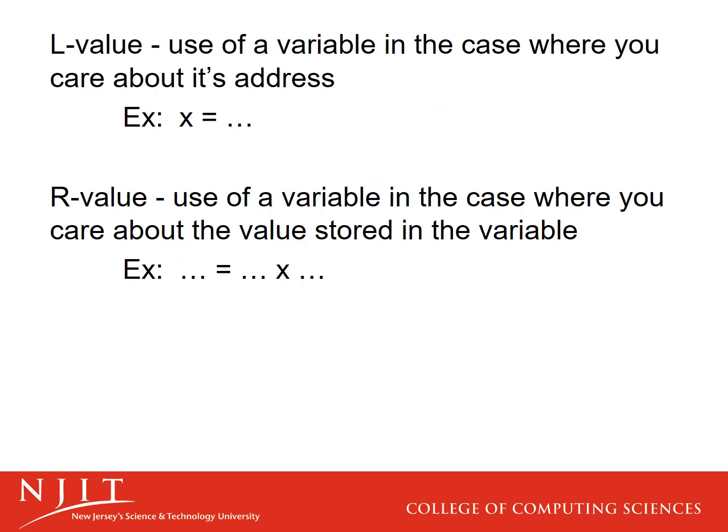A couple other pieces of terminology for you to be aware of. I've mentioned these in previous lectures, but it's good to reiterate them. When we are trying to assign to a variable, when a variable appears on the left-hand side of the equal sign, what we're trying to do is change the value that is bound to that variable.